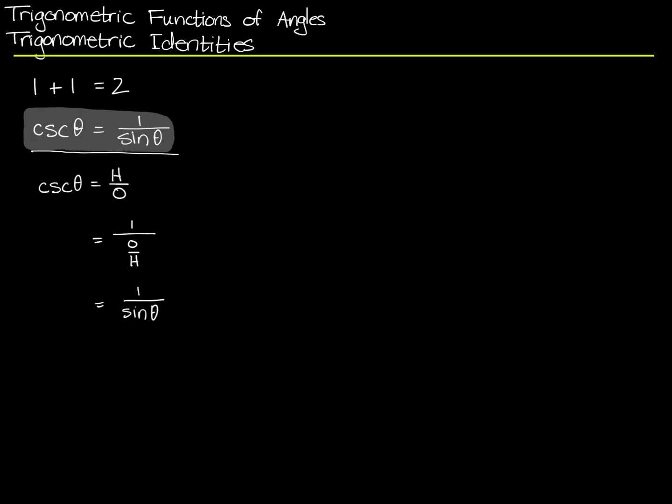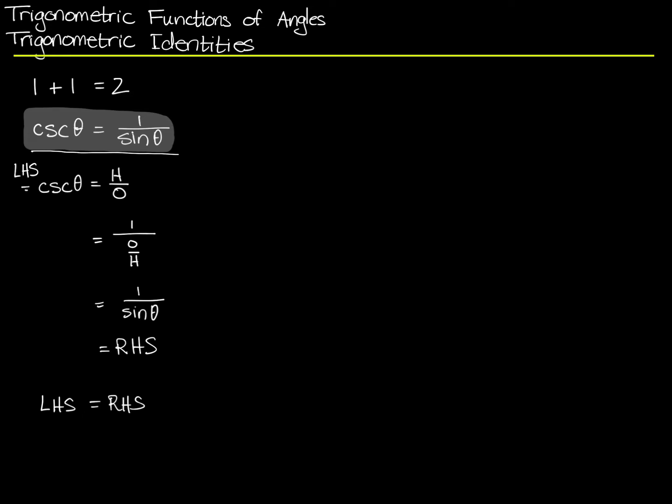What I've got here is that the left-hand side is equal to cosecant of theta, which is equal to something else, which is equal to something else, which is equal to something else. And that is equal to the right-hand side. So I have shown that the left-hand side is equal to the right-hand side by producing a bunch of intermediate steps. This is always the goal of a proof.